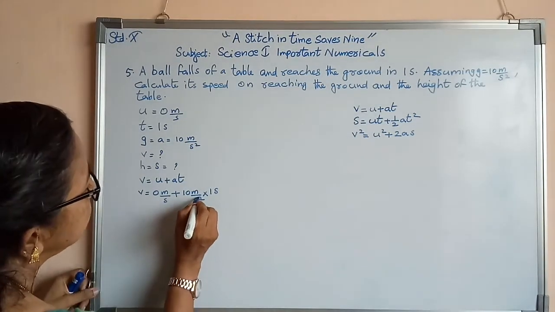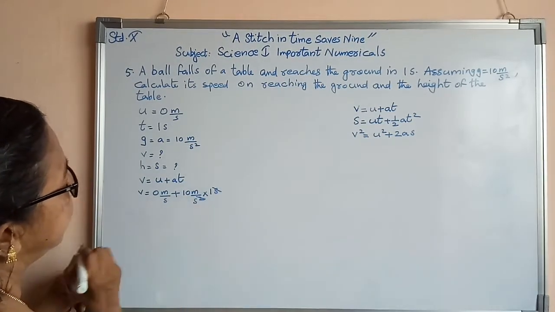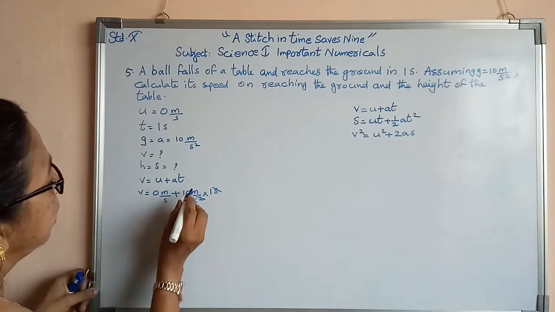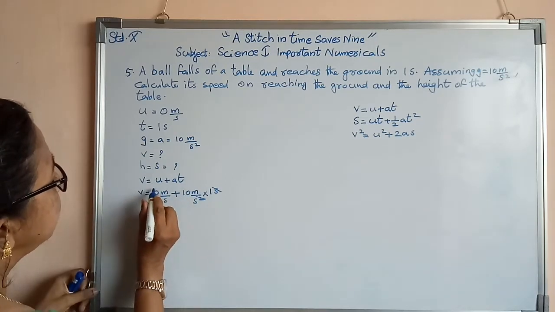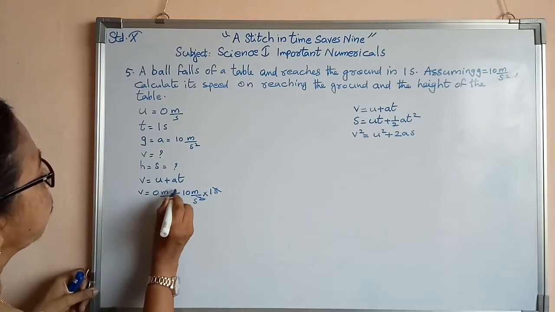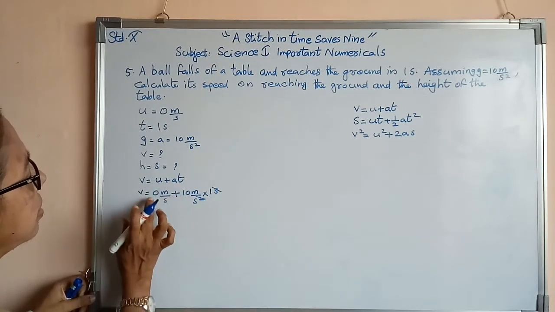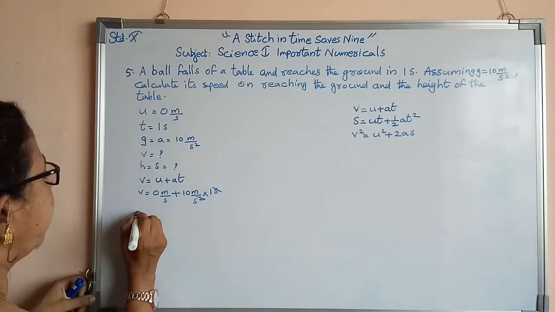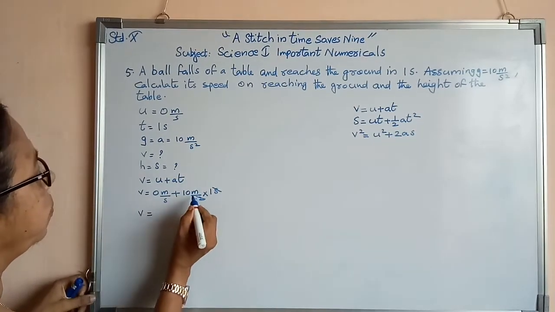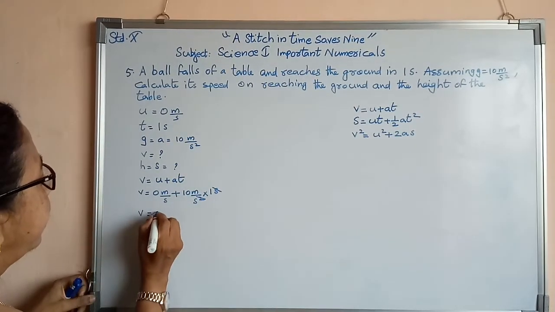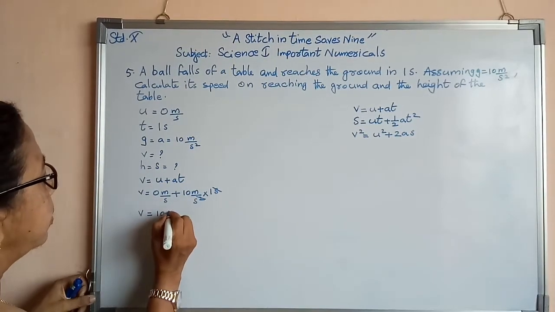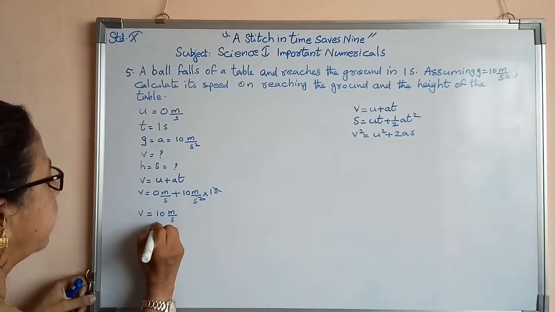Here this is square and this second I am cancelling. This particular part also I am removing, because 0 meter per second means 0. Remaining value we will put. That means v is equal to 10 meter per second.